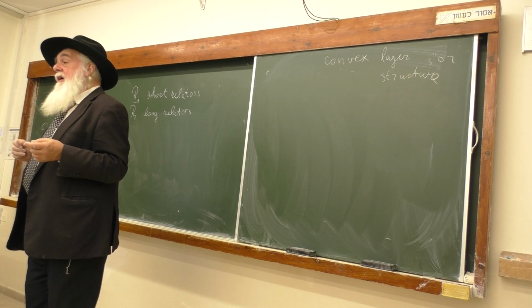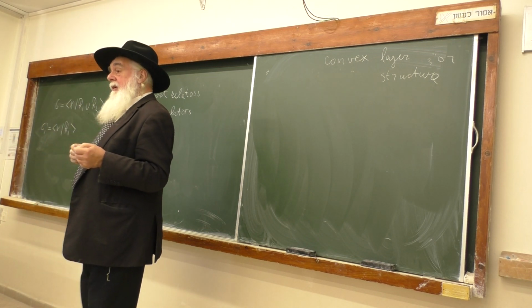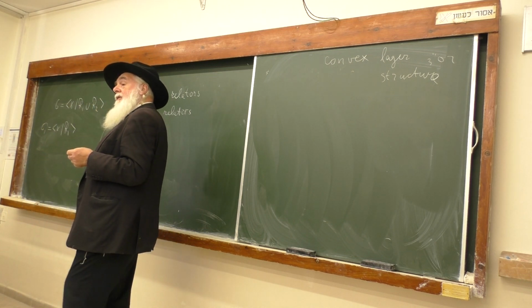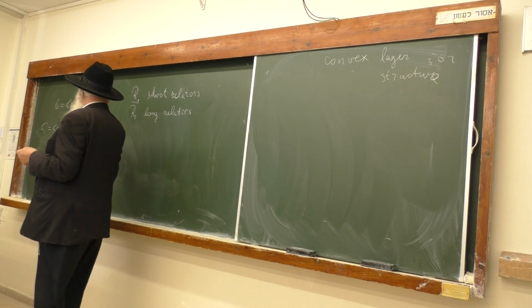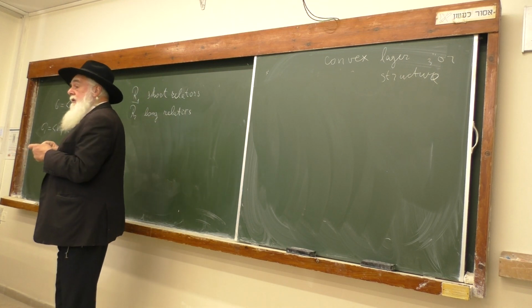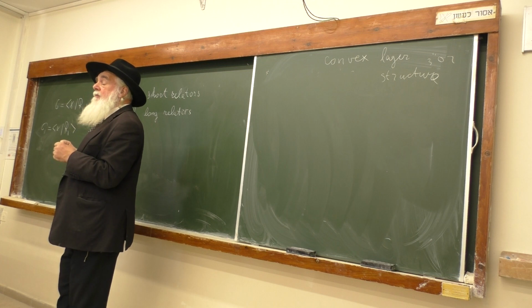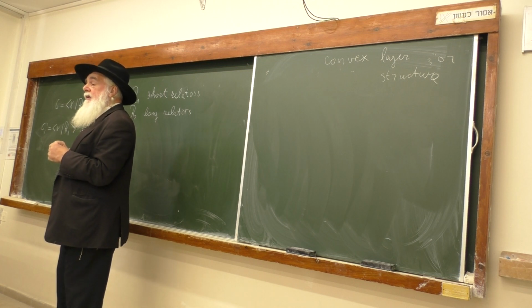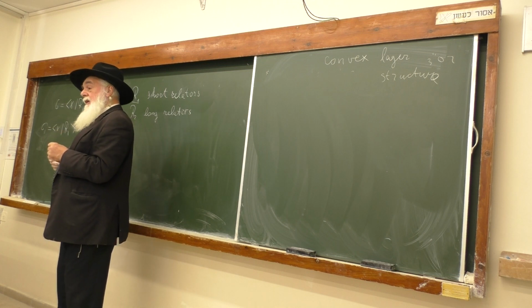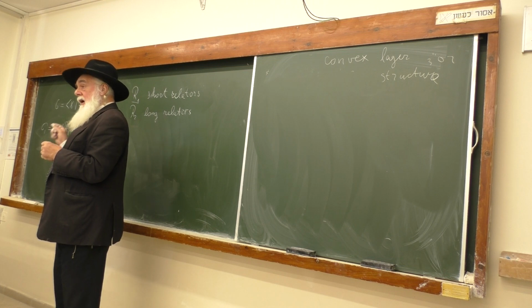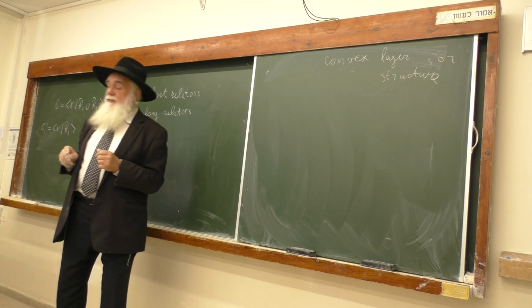Now, how can we use it? We can assume that we take our relators R2 being canonical words in the small cancellation group G1.